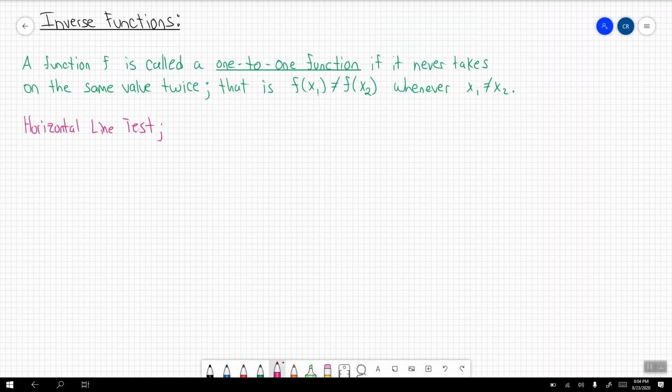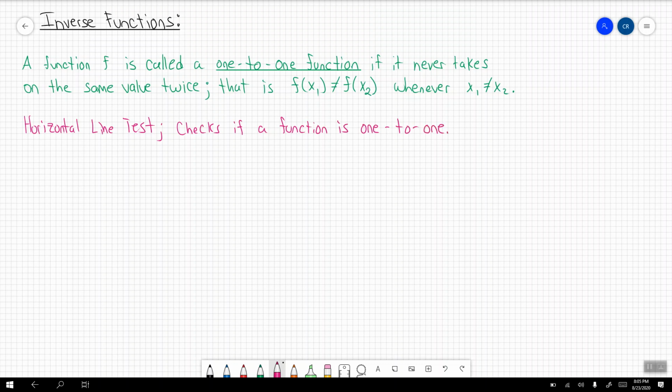This checks if a function is one-to-one.